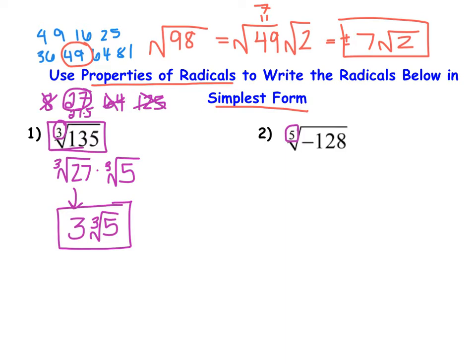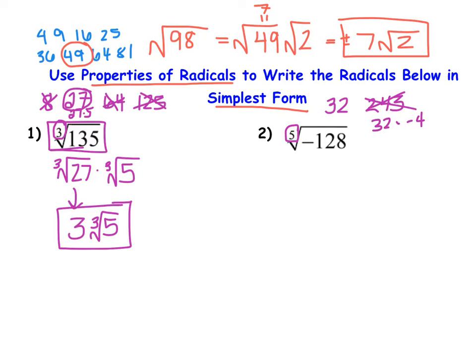If I think of my powers of 5, 2 to the power of 5 is 32, and 3 to the power of 5 is 243, which is already way too large, so I'm not going to look any further. If I divide negative 128 by 32, I find that 32 times negative 4 gives me negative 128.